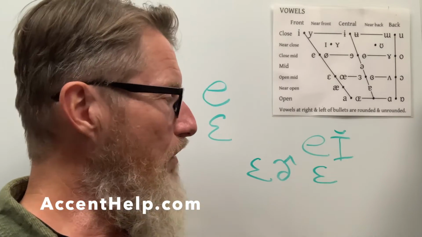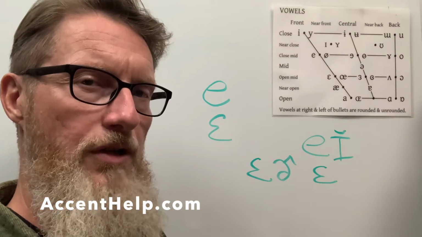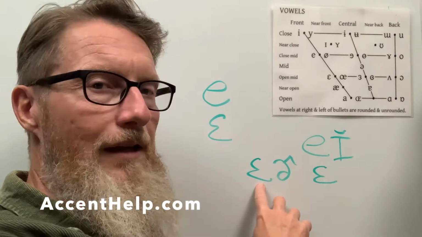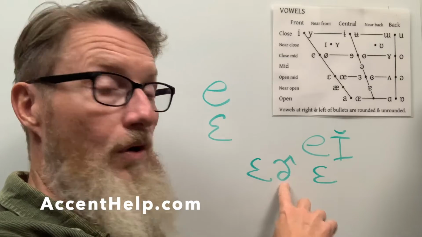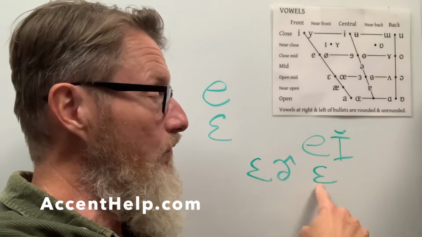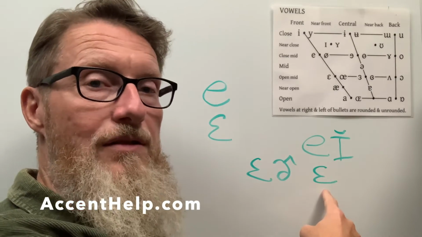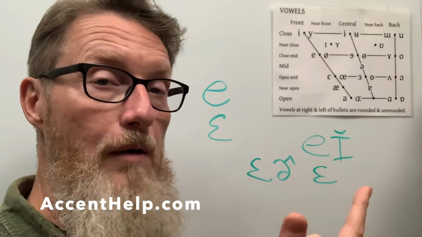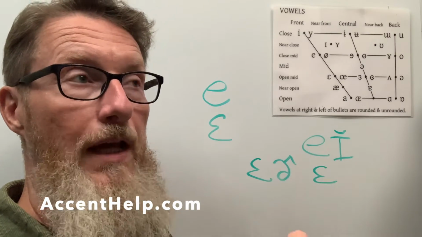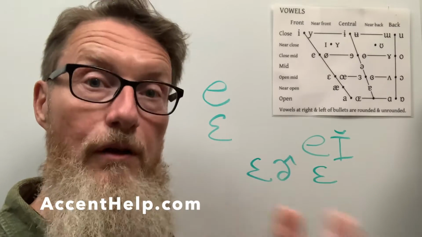So I think that most Americans, if I'm going to generalize, will say air, or square, and will say dress. Now I think when you go to RP, for example, and other British speakers, you will get some variations, right?